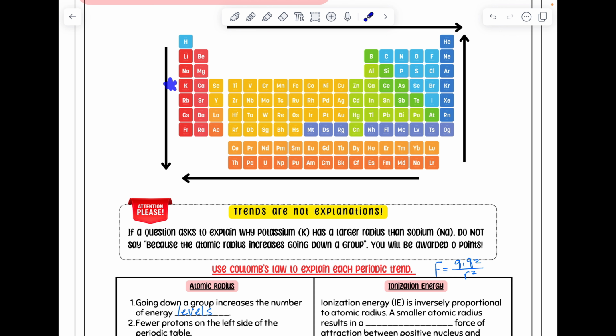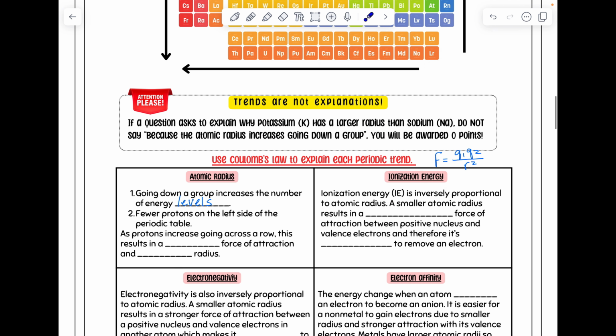As protons increase going across the row, this results in a greater force of attraction, because the electrons are the same distance away, but there are more protons. There's a greater force of attraction, and the radius will be smaller. So that's the atomic radius.